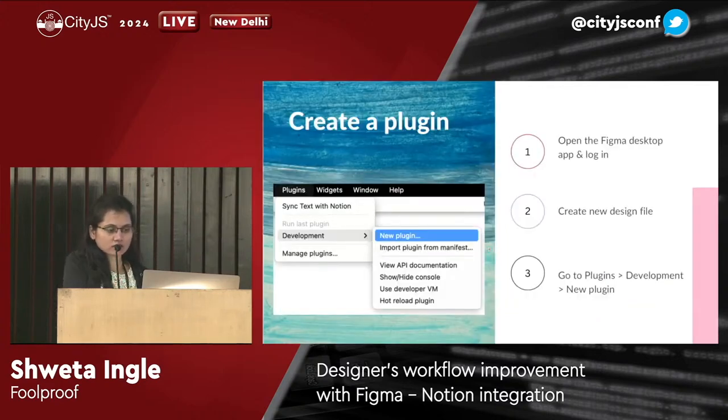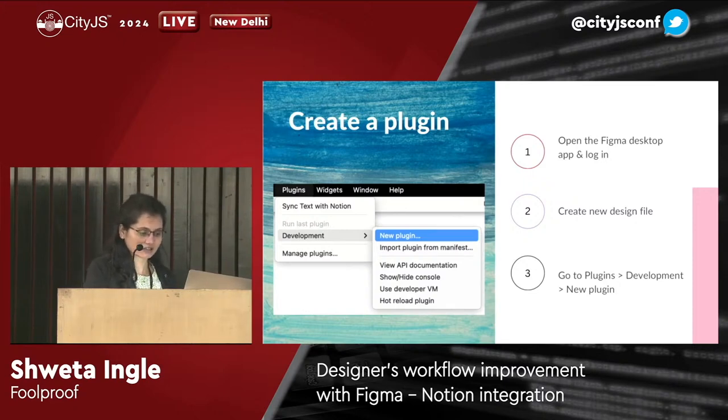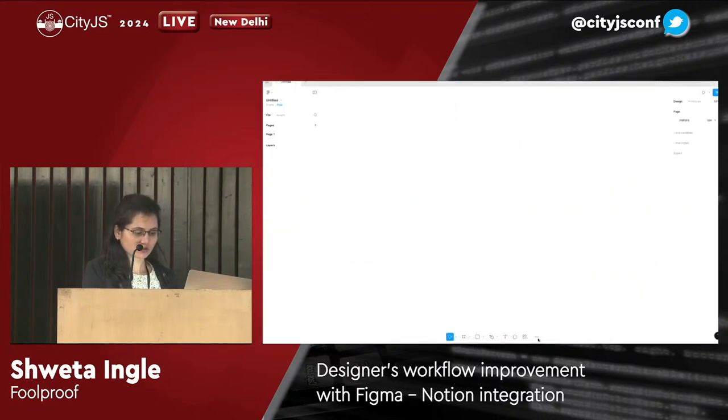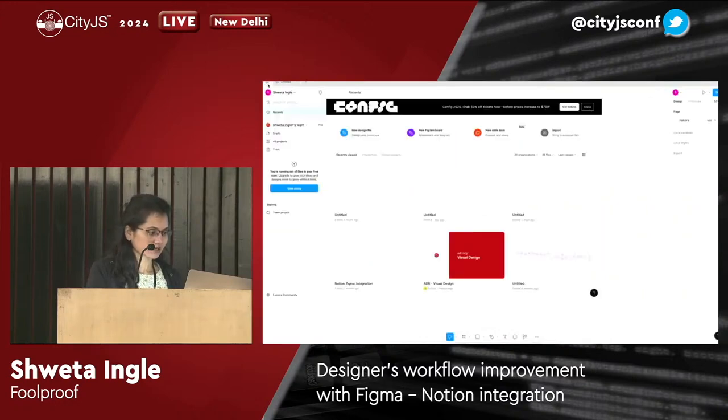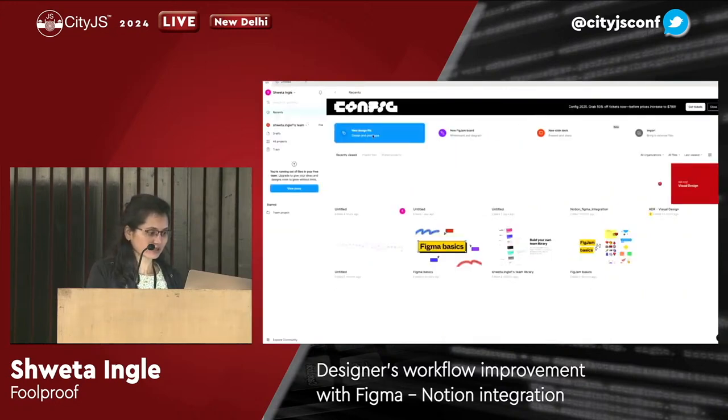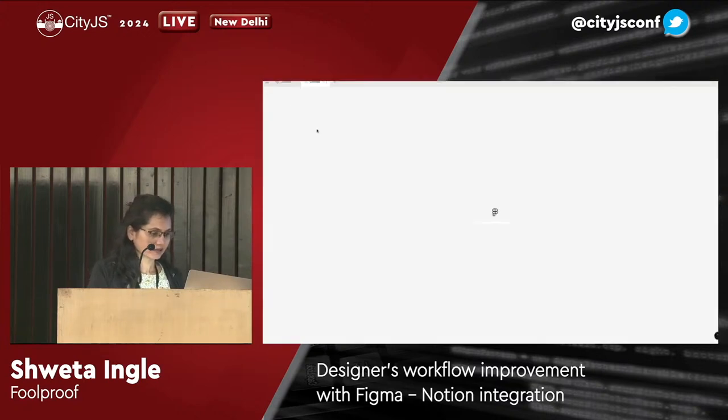The next step would be creating a plugin. I'll go through the slides and give a demo side by side. You can open your Figma desktop application, go to the home page, get a new file, I hope it loads.